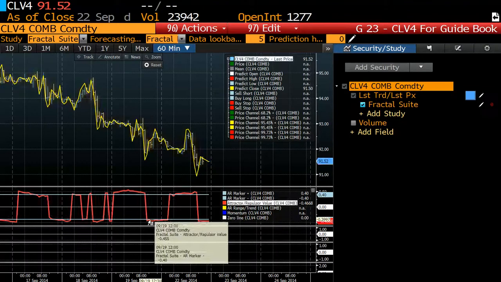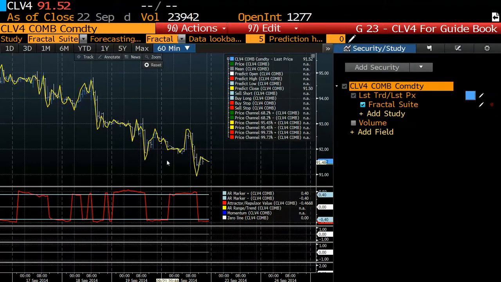When it's in this negative state here, the predictor is repulsing, if you will, the price away from it. So this is the way that you can gauge whether or not you should enter a trade if you're using a reversion style strategy, or you can also use it for placing a trend trade if you're looking for moments where the price is actually escaping or moving away from the predicted value.